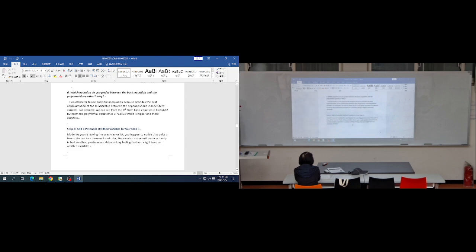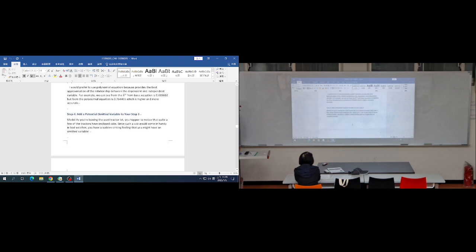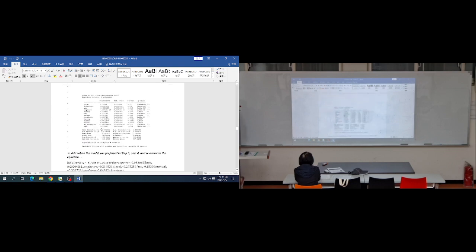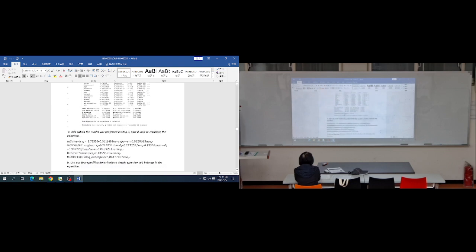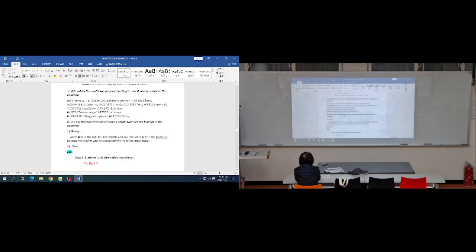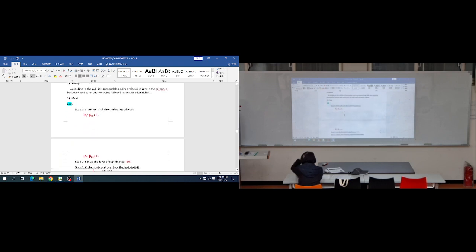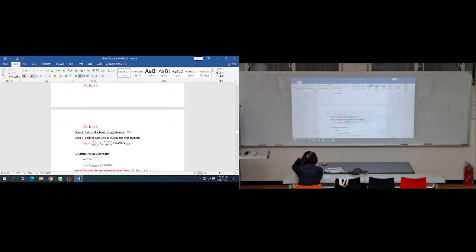Okay, step 4. Add a potential omitted variable, and here we use cab. The theory part and the t-test, level of significance 5%, and we will get the value.